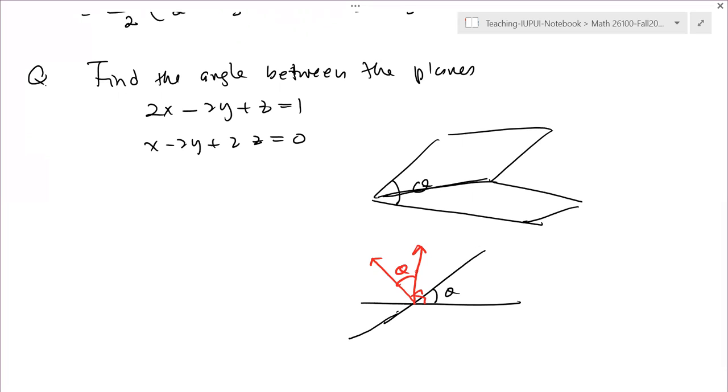Okay. Then you say, well, we don't know the orientation of the normal vector. It could be in the opposite direction. So this could be in that direction. So then you get another angle, which is beta.